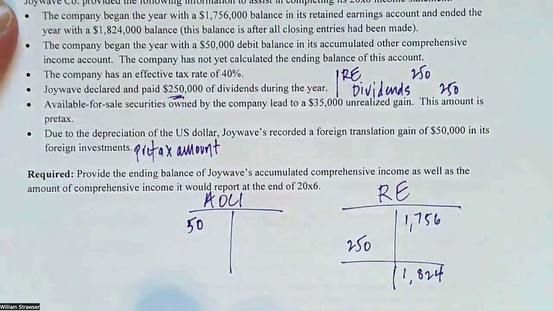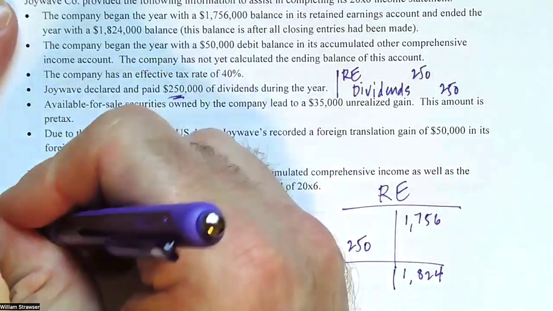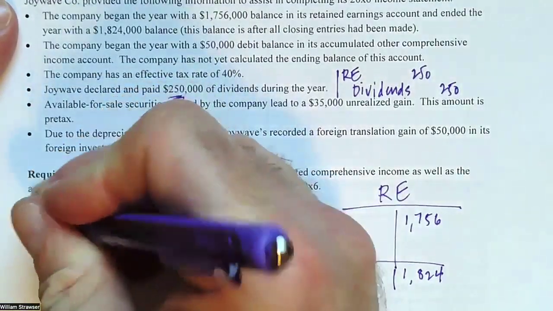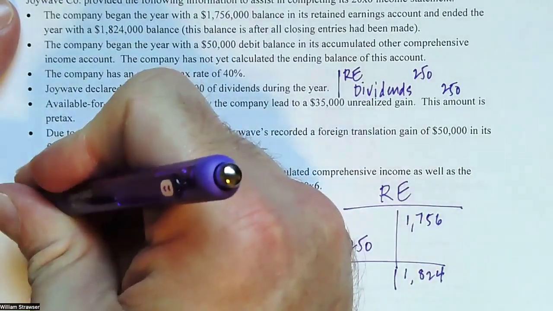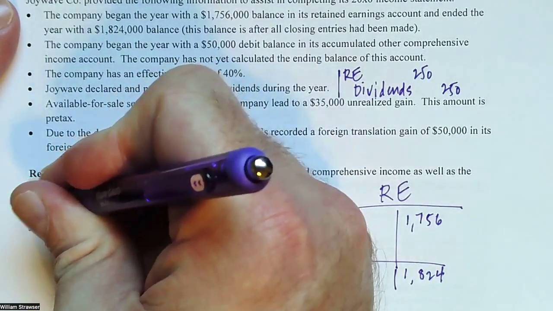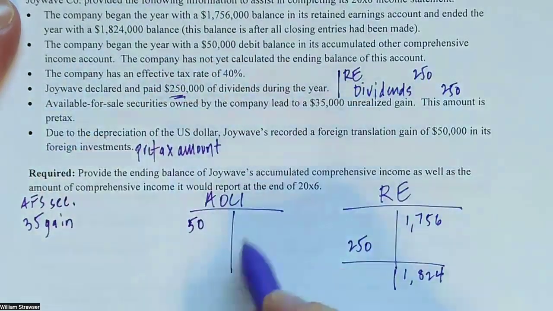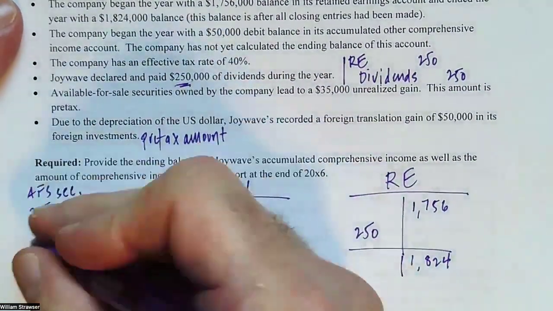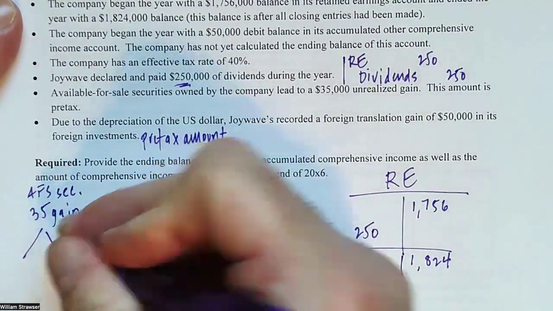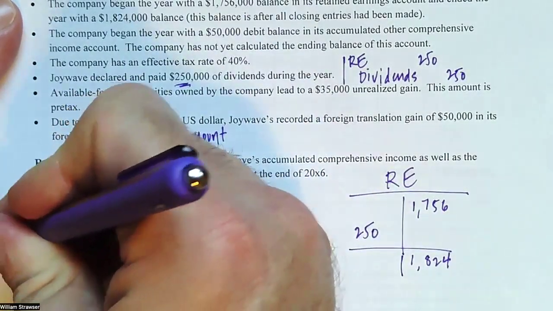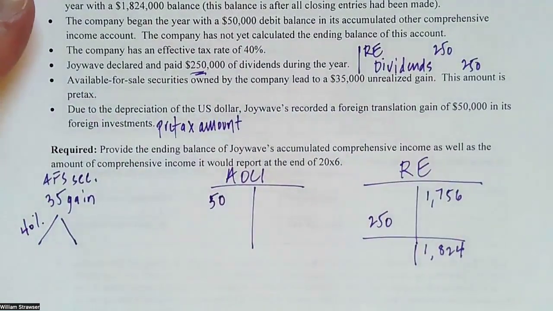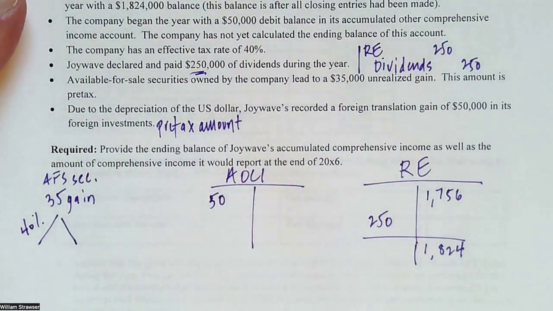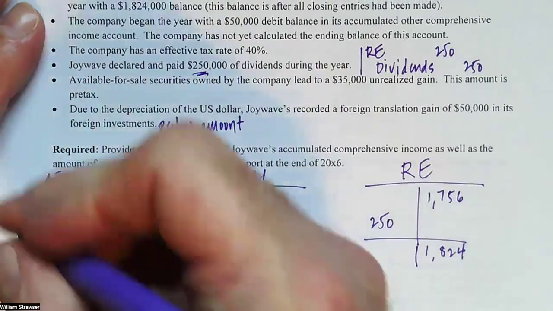So we have the $35,000 gain, and that's from my AFS securities. That's an OCI item. It should be closed into AOCI. And that gain has a 40% tax on it. So that'll tell me how much to strip from the gain.